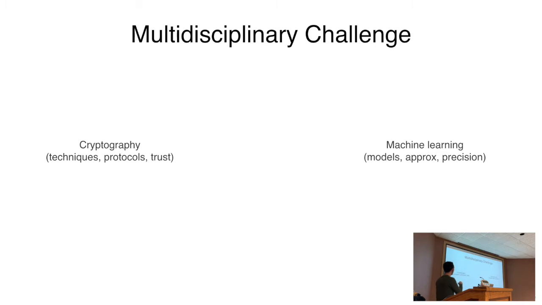So the challenge is that we have these different fields, cryptography and machine learning, and some other fields that don't necessarily work together now, but we need them to have a common place to work together if we're going to make progress on this problem. Engineering, of course, is another one.